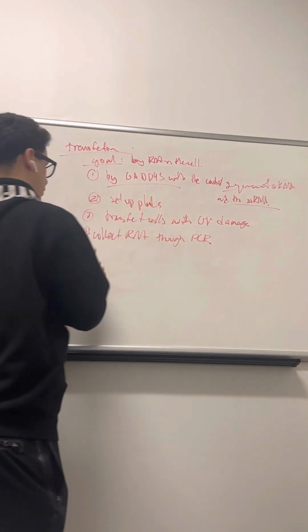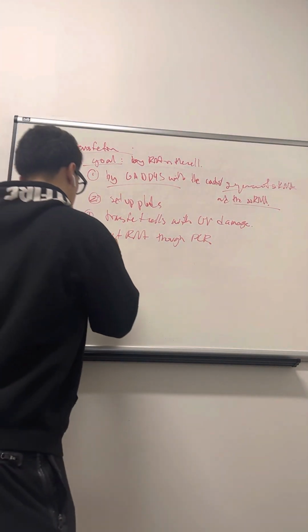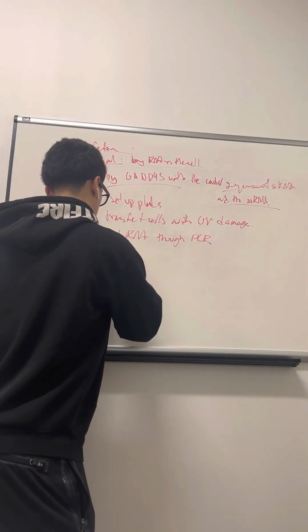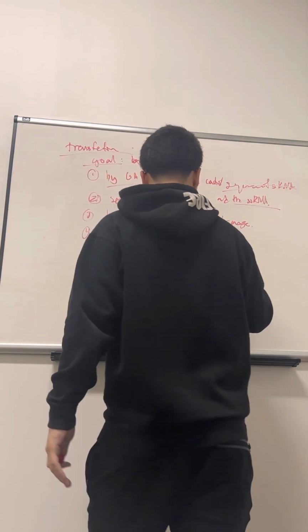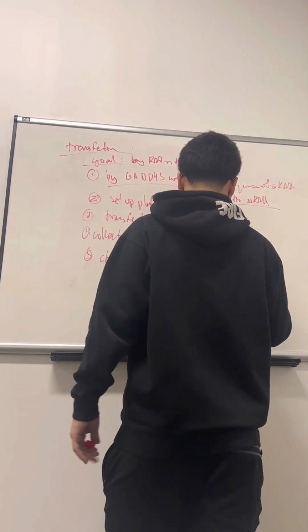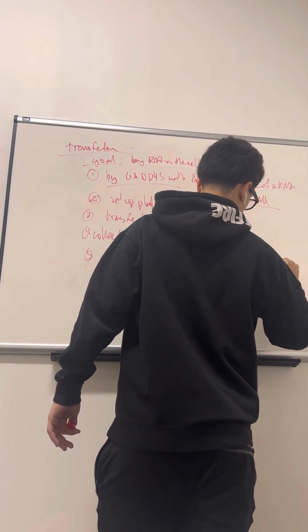And after we've collected the RNA, we check where the cells are in the cell cycle through flow cytometry.